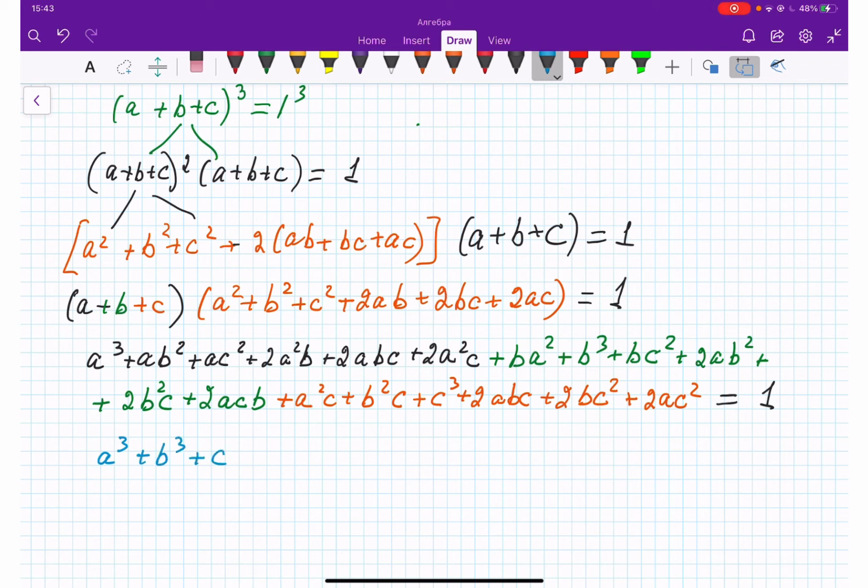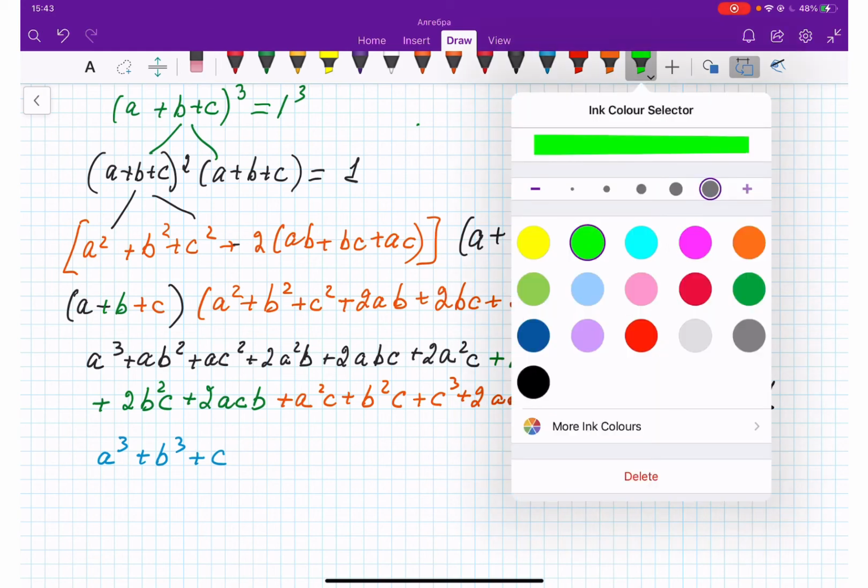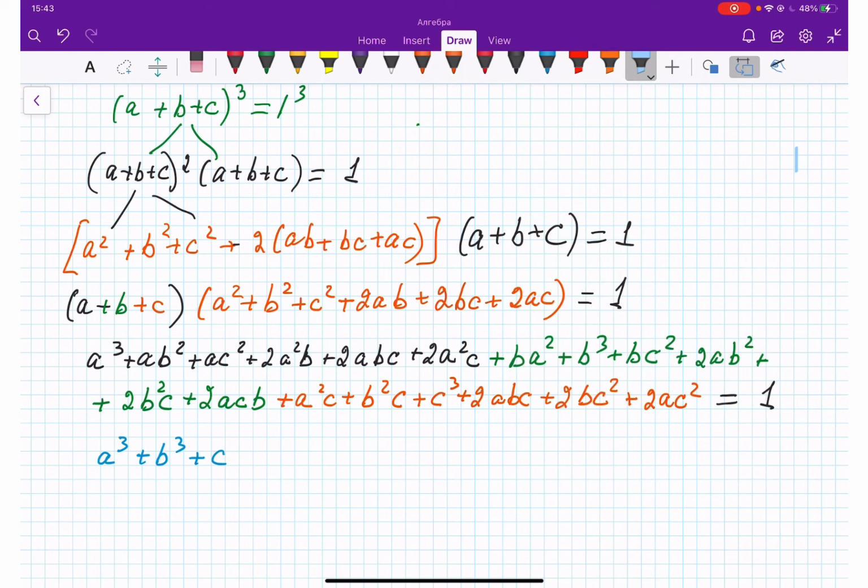We have them right here: A cubed, here is C cubed, and here it is, B cubed.